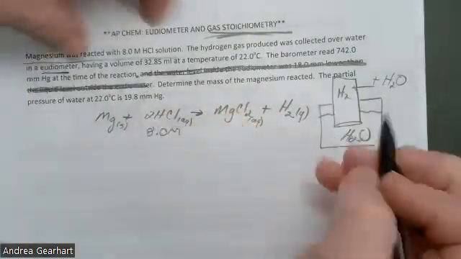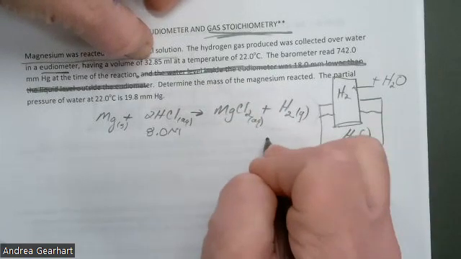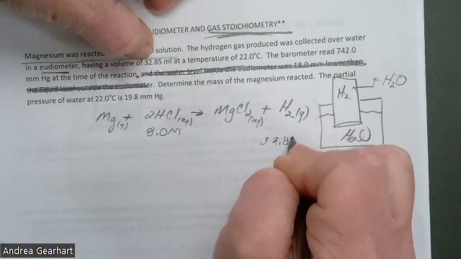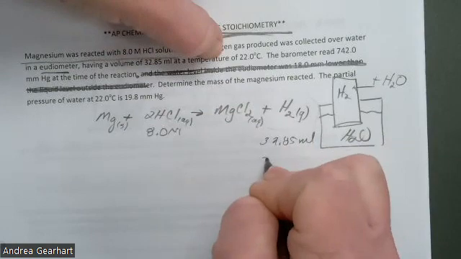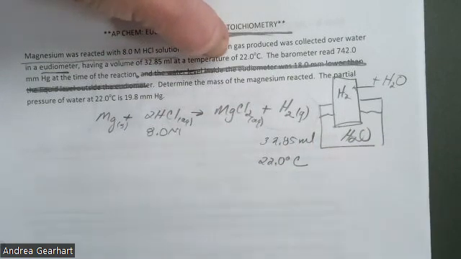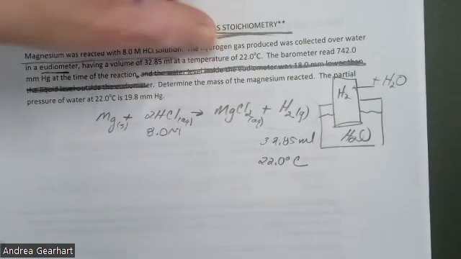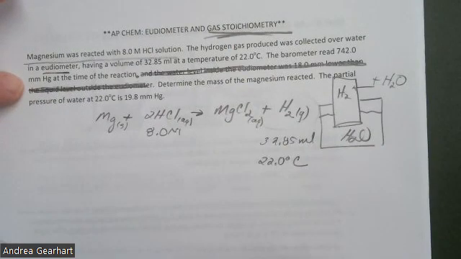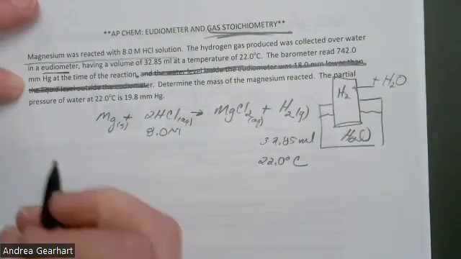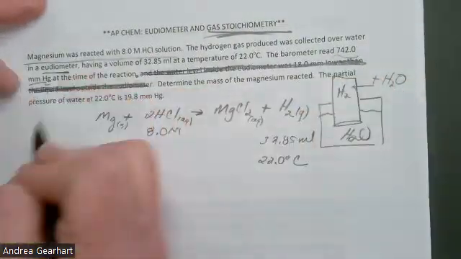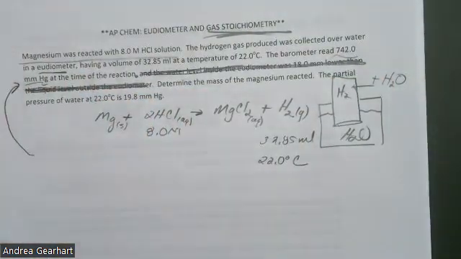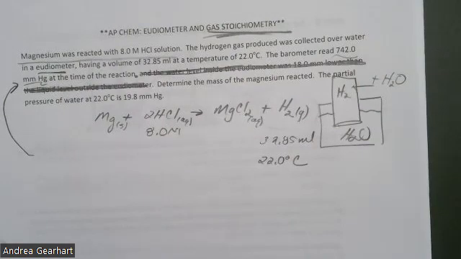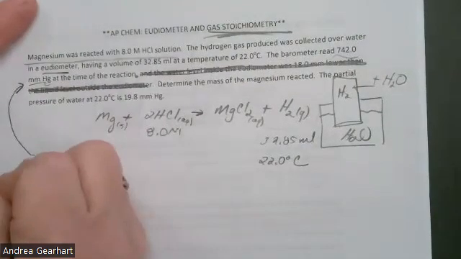Okay, so we know the volume of the hydrogen, 32.85 milliliters. The temp, 22 degrees Celsius. And we're told the barometer read, and remember, Rishi so excellently reminded us that we use a barometer to measure atmospheric pressure.